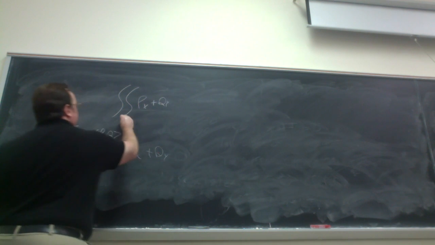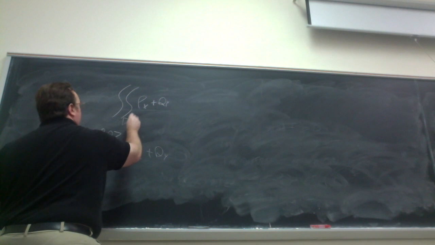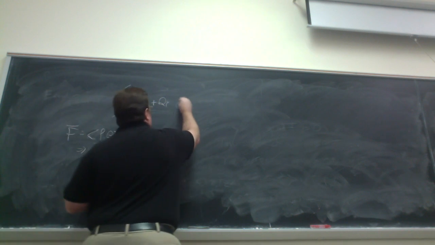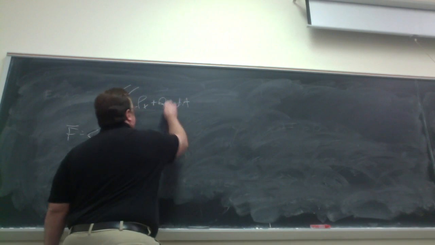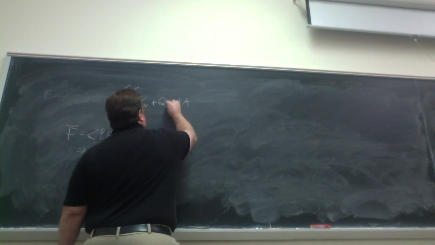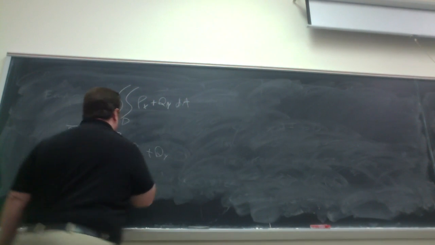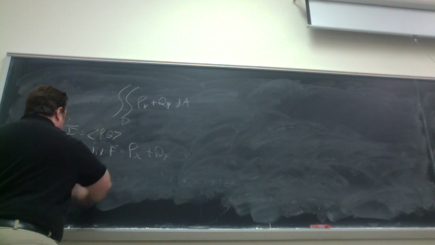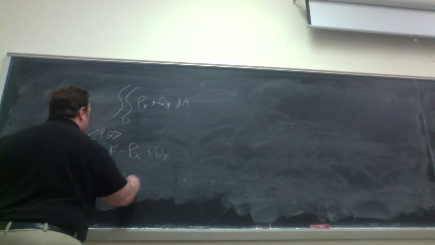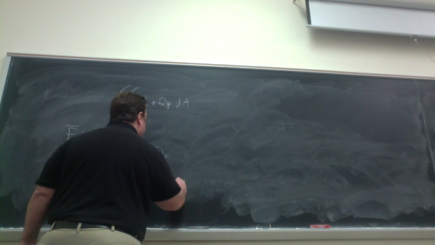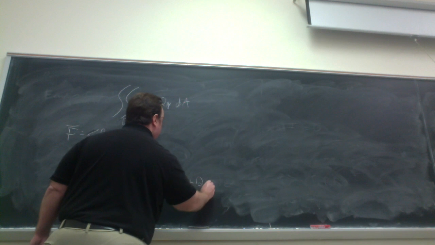So if I'm integrating this over the region D, okay, then what I'm going to do is I'm going to write the original form of Green's theorem down here. So we have qx minus py is equal to the line integral p dx plus q dy.